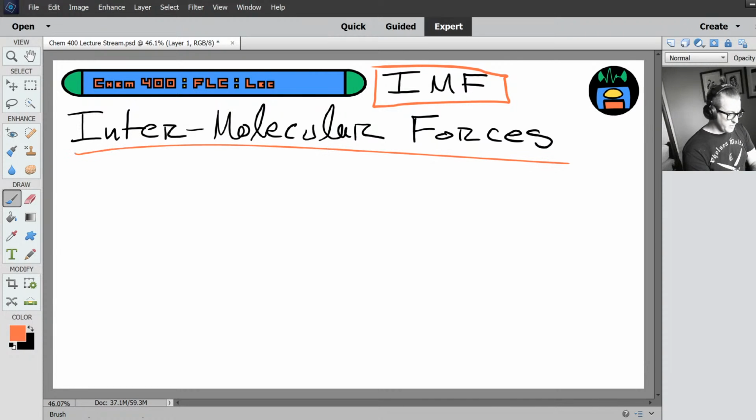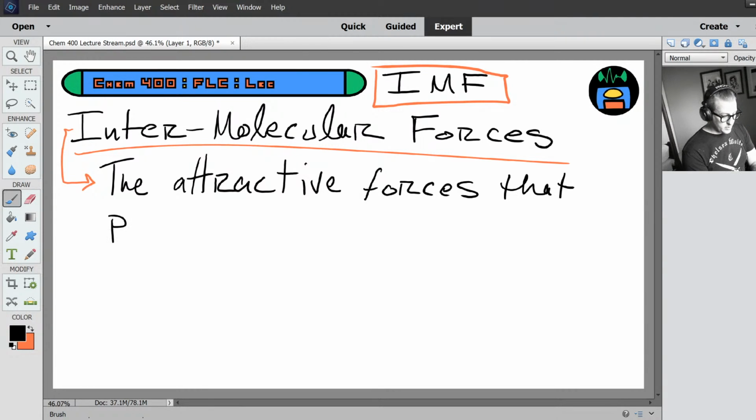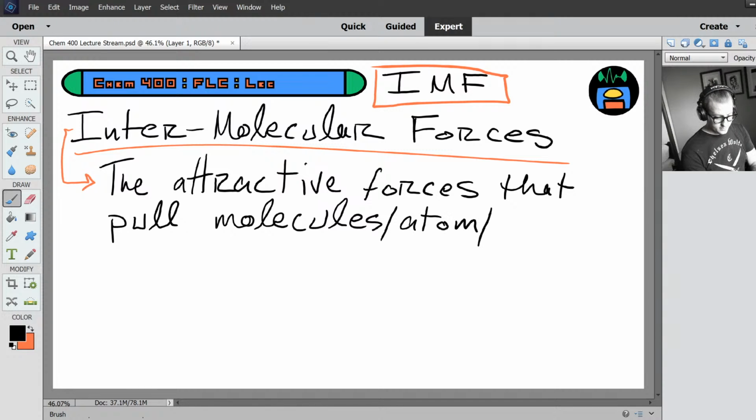Well, the definition for intermolecular forces is the attractive forces that pull molecules, atoms, ions, all of them, towards each other.